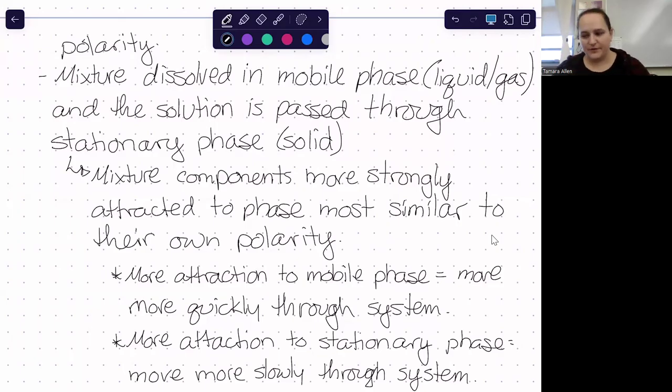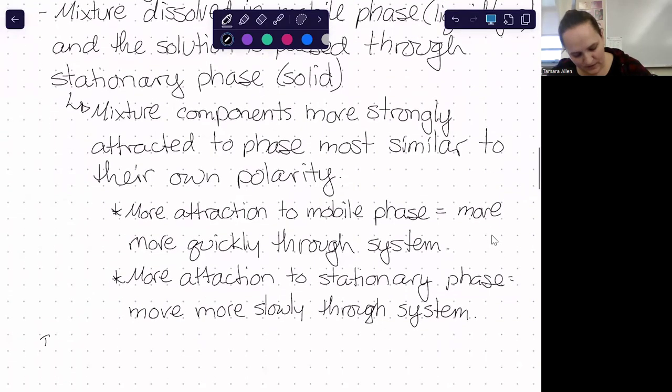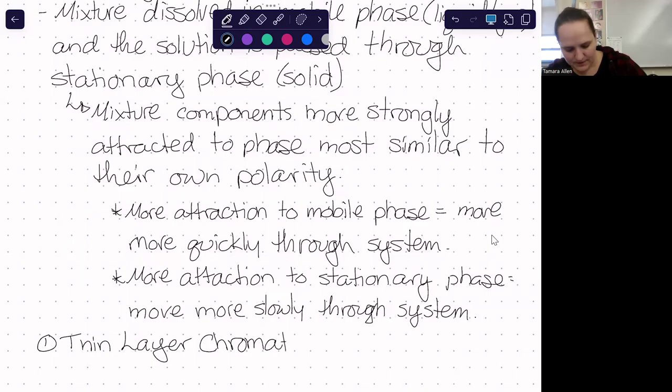So there are lots of different kinds of chromatography. We are going to focus on two of them. The first one is known as thin layer chromatography, more commonly referred to as TLC.